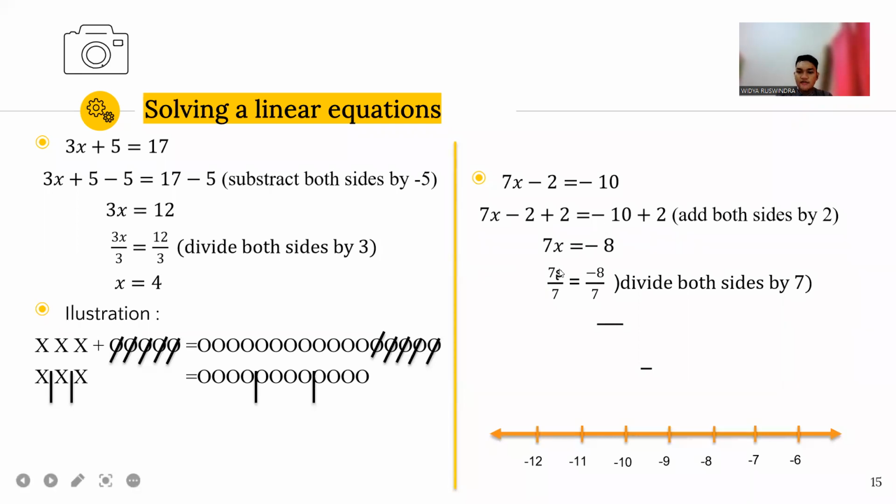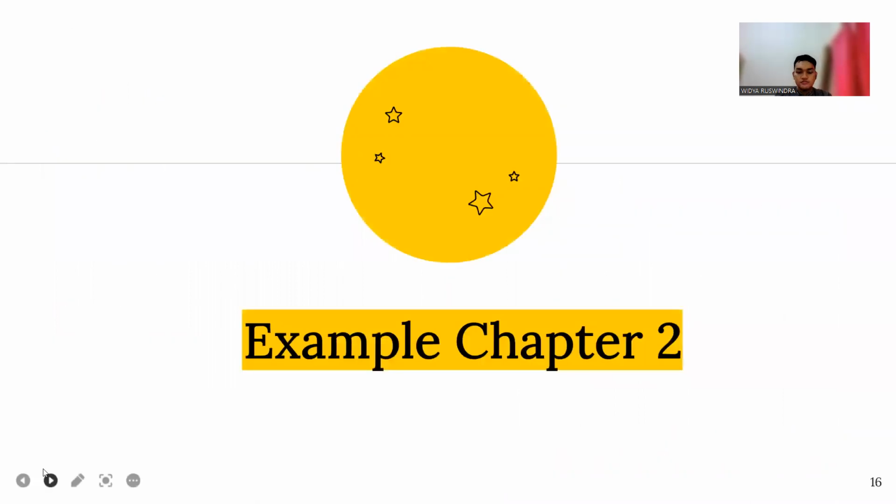So 7x divided by 7 equals minus 8 divided by 7. We get x equals minus 8 per 7, which is x equals minus 1 and 1 per 7. So we get the x value.